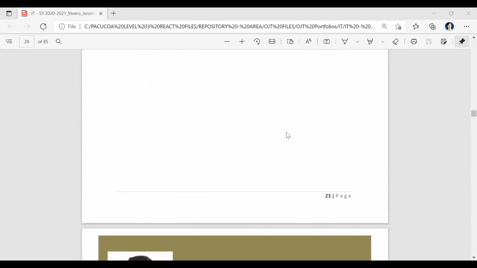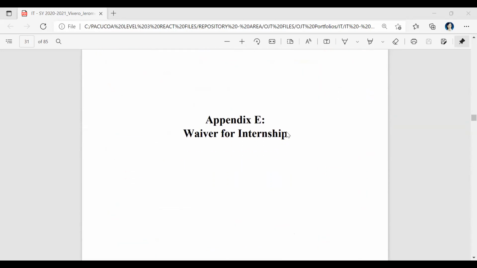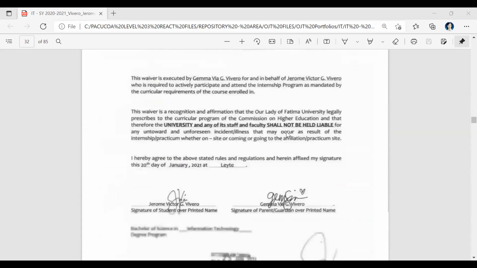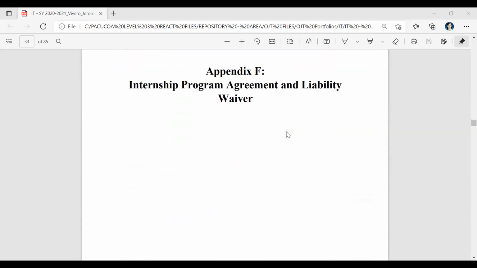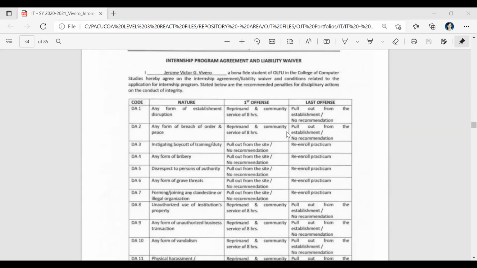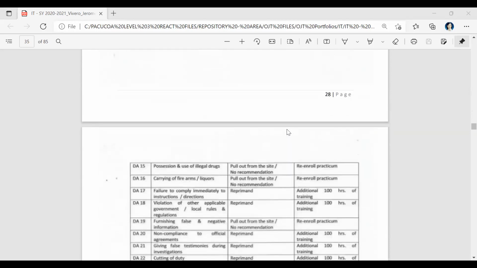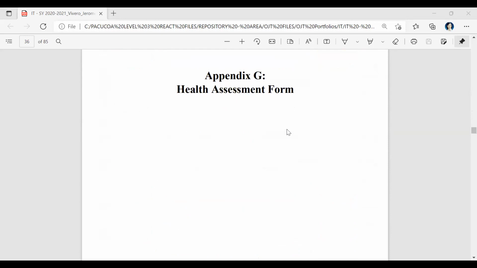And then the curriculum vitae, or most usually known as resume. The waiver for internship, which should have been signed and notarized. So signed by your parent. Then for the internship program agreement and liability waiver, signed by you, me, and your guardian or parent.